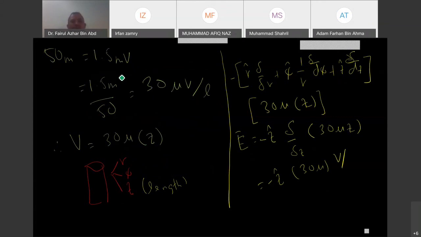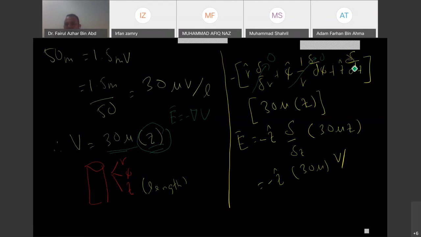If we want to express the potential difference in terms of length, the voltage is equal to 30 micro multiplied by Z. Then we put this expression of V into E equal to minus del V. Because the potential difference only exists in the Z component, we can neglect the other directions, the r and phi directions.